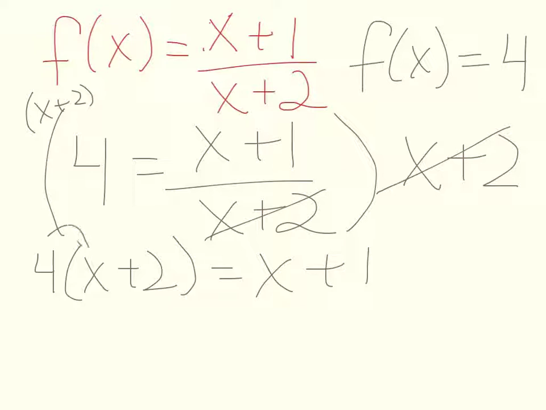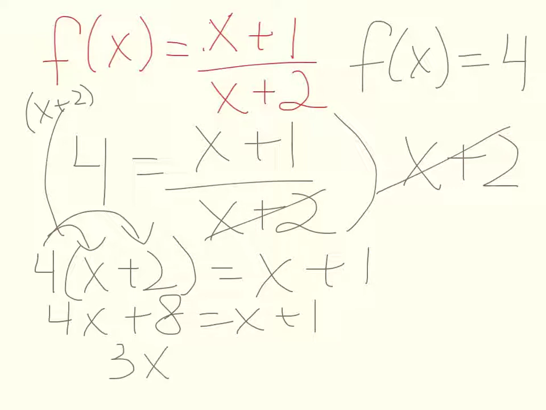So distribute the 4. 4x plus 8 equals x plus 1. Now subtract x from both sides and 8 from both sides, and we get 3x equals negative 7, which means that x equals negative 7/3 when f of x equals 4.